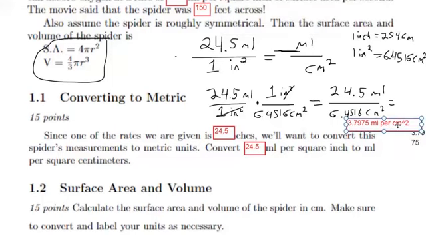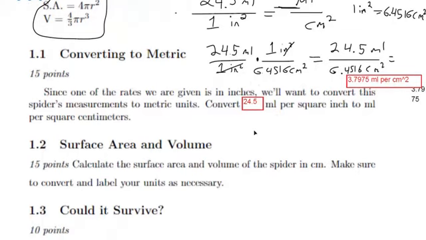Okay, so that's my answer. I converted 24.5 milliliters per square inch to milliliters per square centimeter.